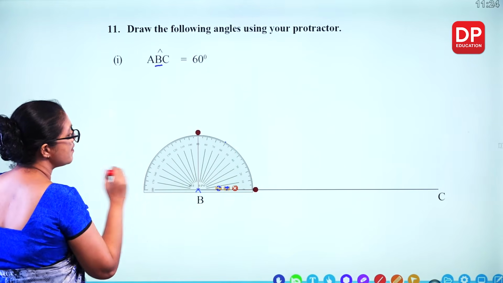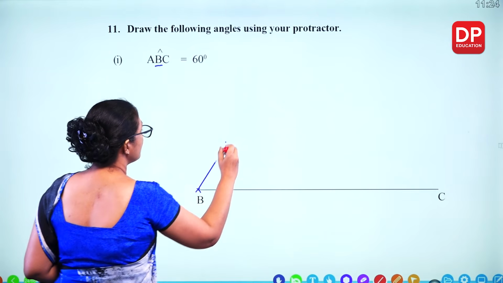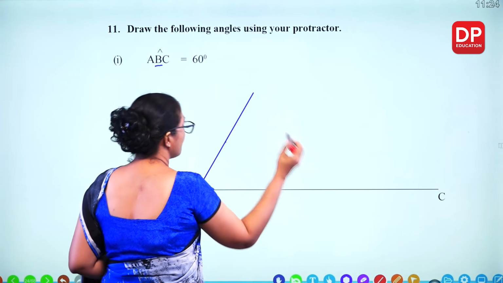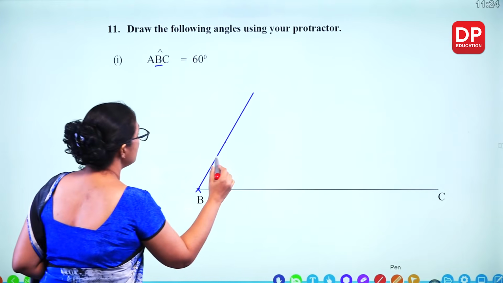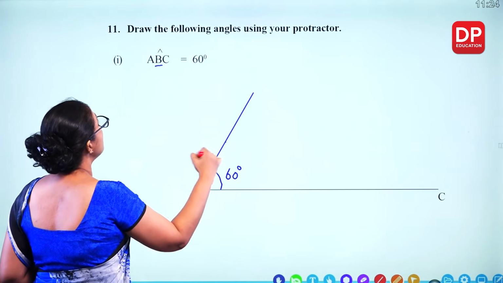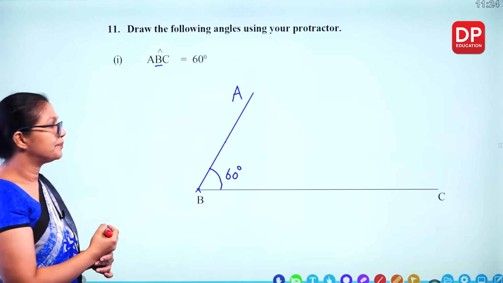So that's 60 degrees. Take the ruler and draw the line here to here. So you can mark now. This is the 60-degree angle ABC. So this point is the ABC angle.